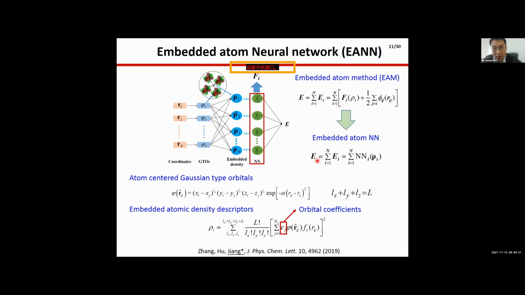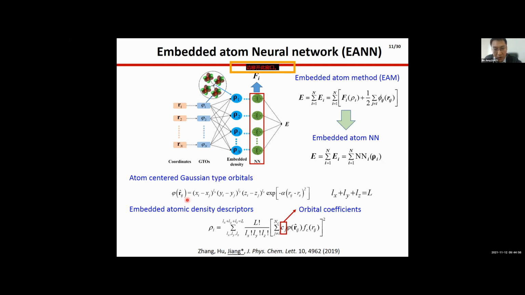Then we were inspired by the empirical force field named EAM, which uses the same atomistic decomposition of the total energy, but with the embedded density to represent the atomic energy. What we need to do is just replace the complex functional with a neural network, and then use a better way to represent the density of the central atom.